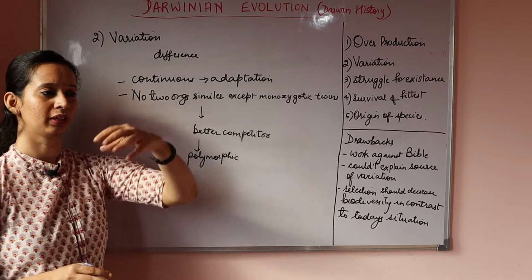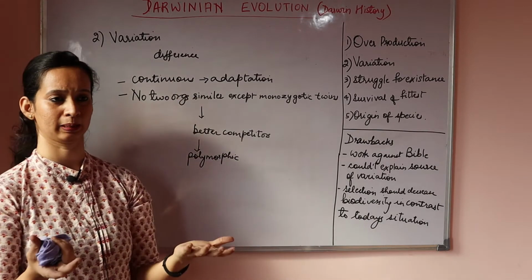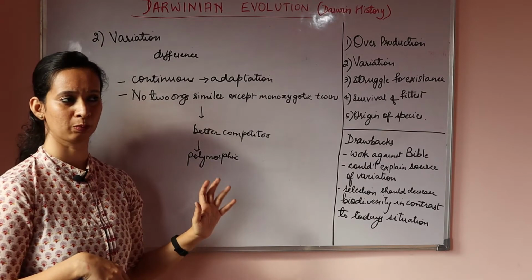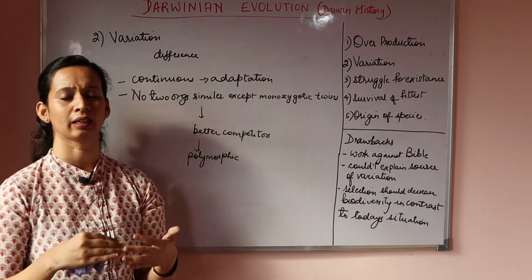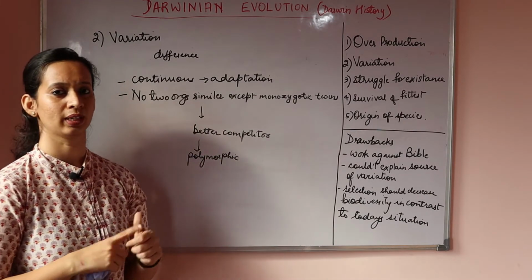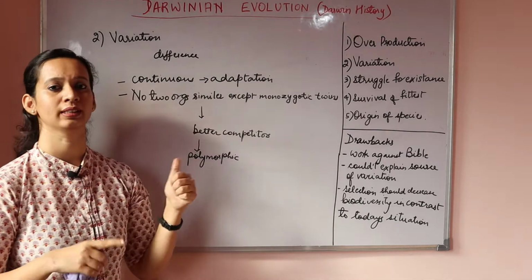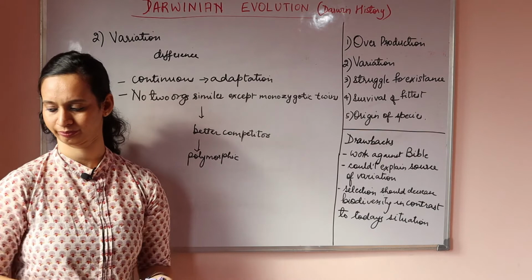So the gene may be one, but the way it is expressed will be different in different populations, because they have developed those kinds of traits because of variation. So variation is nothing but the difference which is present.